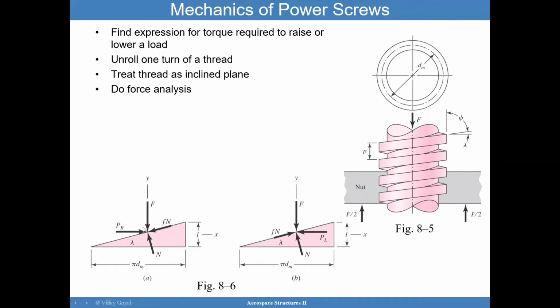And so to raise or lower the load, it will require a load P acting in this direction to raise or to lower. You'll have that load acting on it in that plane.